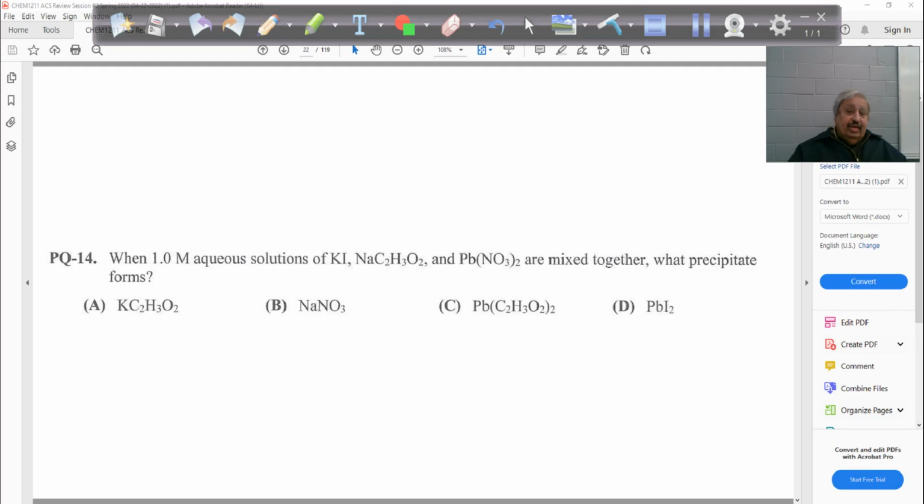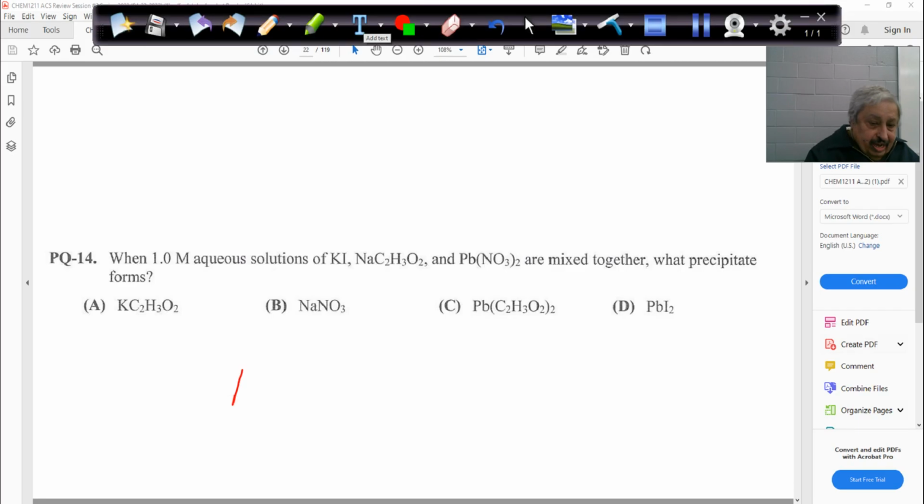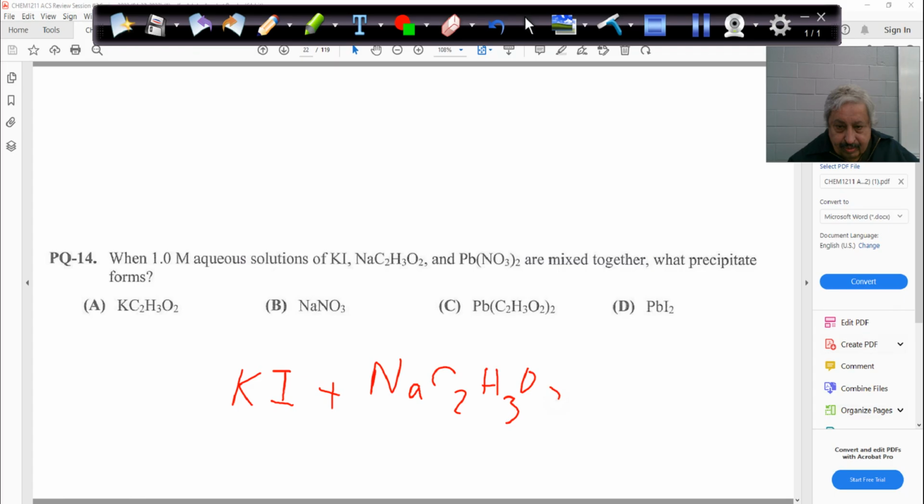No, that's different. We are out of the limiting. Now this is a different topic. We have potassium iodide, sodium acetate, and lead nitrate mixed together. What precipitate forms? That's a table of solubility, correct? So you have potassium iodide, sodium acetate, and lead nitrate.